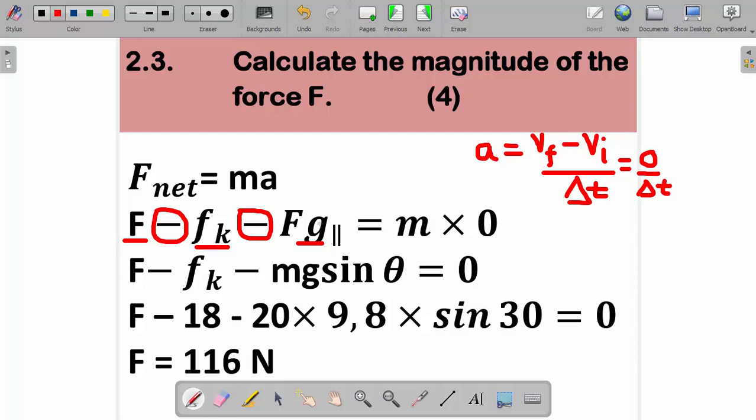Now Fg parallel is the component of the weight which is parallel to the slope, ne? And it is given by mg sine theta, so the net equals 0. Now we are going to substitute. This one is 18 here. The mass was 20 kilograms, the gravity is 9.8, and the theta of the incline was 30 degrees.